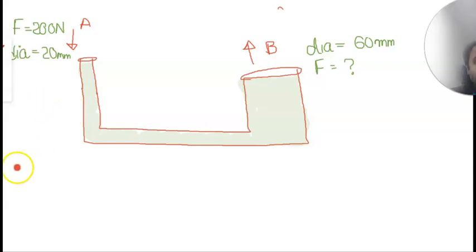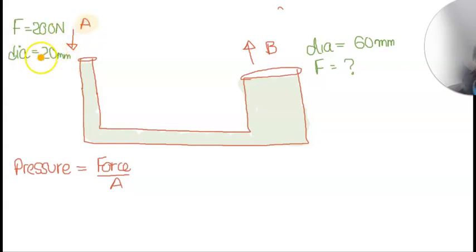We have the formula: pressure equals force over area. So first I want to find out what is the pressure here. I cannot find the pressure at point A, because I do not know the value for the area.